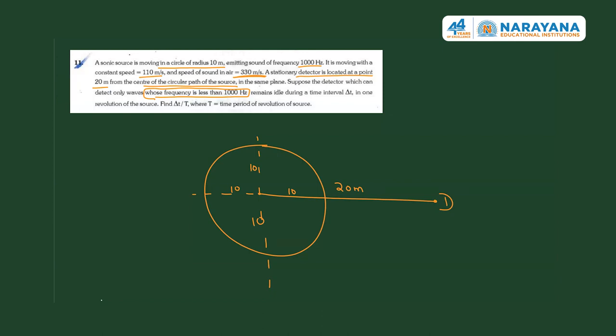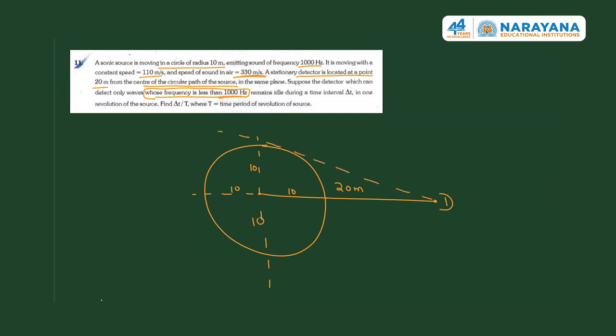While solving this problem, I'll simply look at the instances when the frequency he is observing is less than 1000 hertz. I'll solve this problem and then come to the core explanation.